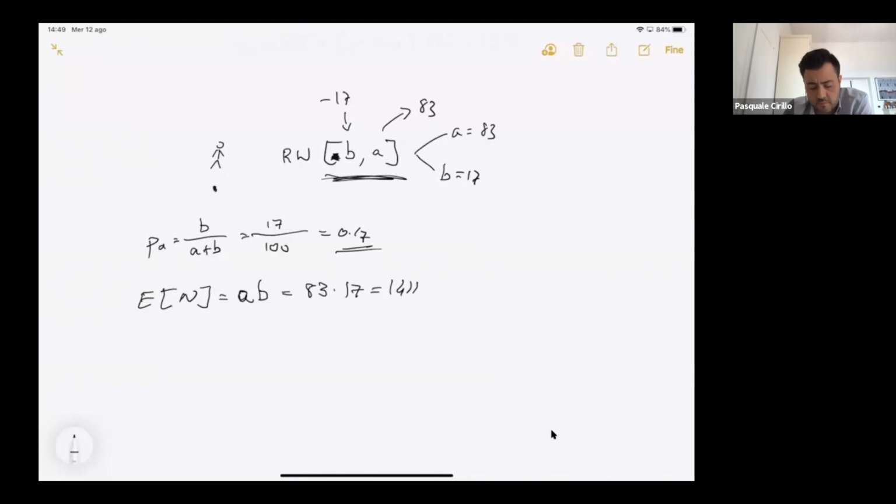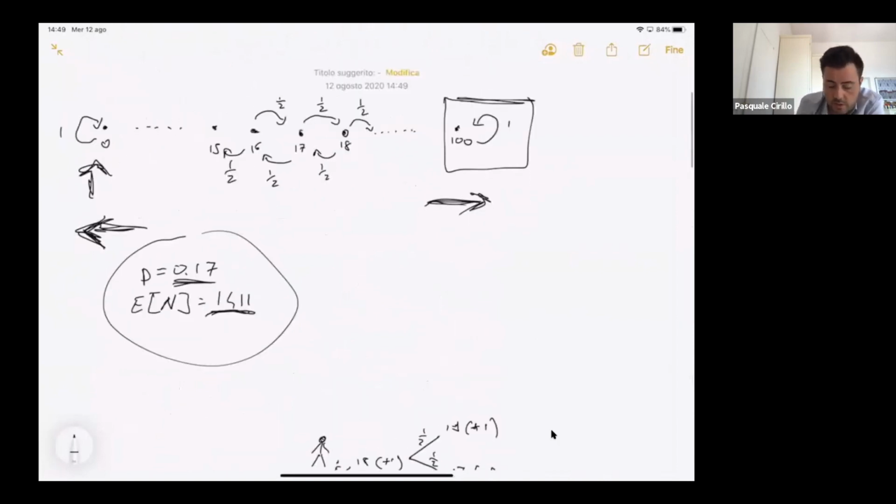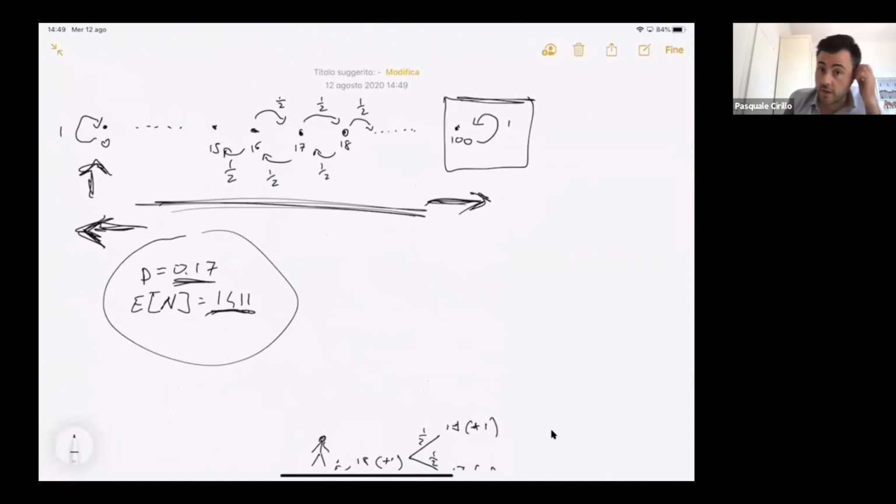So this is a possible way of solving the exercise. If you solved the exercise and got these numbers by using the equations we saw the other day and using Markov chains, it is still okay. I'm not saying that you necessarily have to solve the exercise using martingales. It's just to show you that, as usual, there are many ways in which you can solve the same exercise.